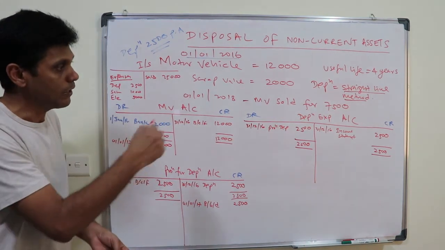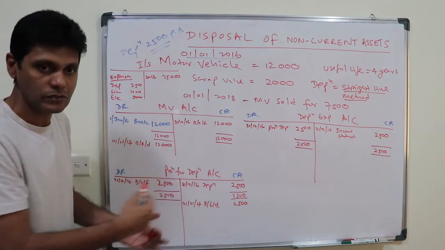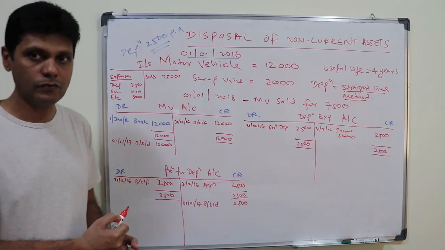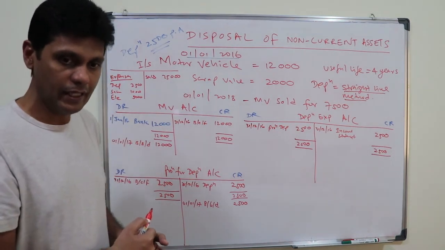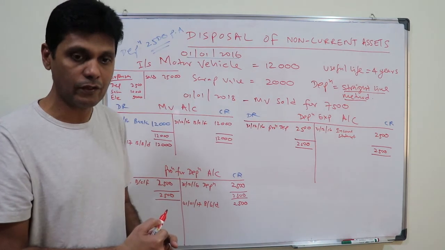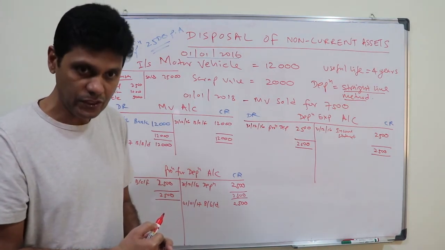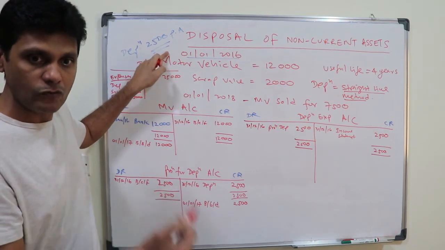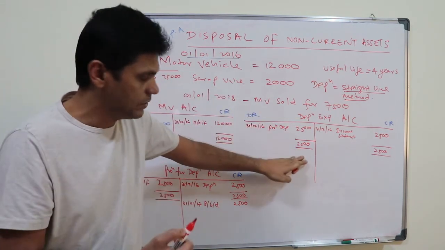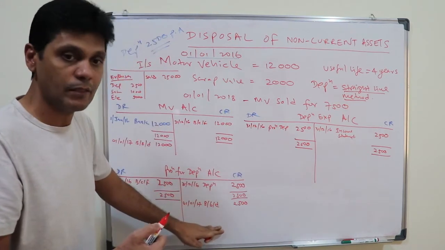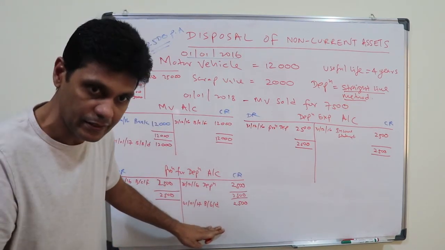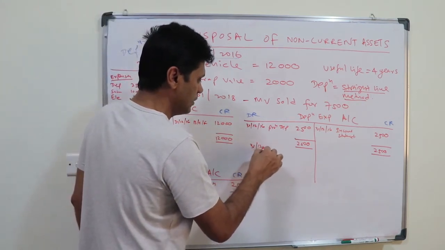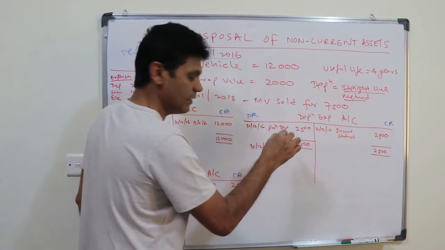So can you record the transaction for 2017? What you have to do is again record the depreciation. How much is the depreciation? Straight line method, so the same amount will be charged. Depreciation account debit, provision for depreciation account credit, as at 31st December 2017.